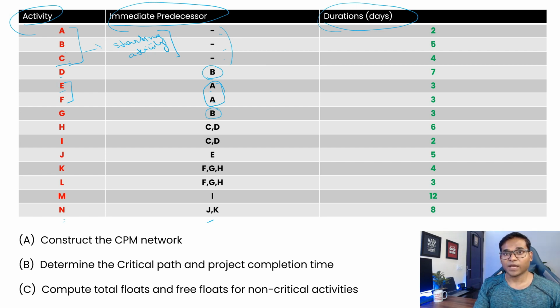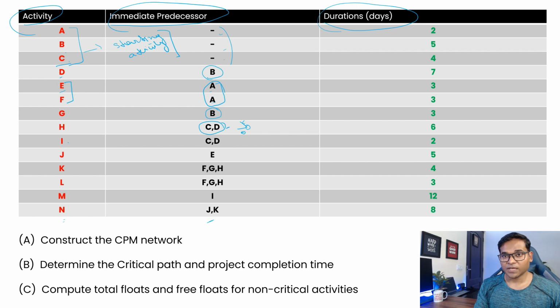Then you have activity H, which is going to start from a node where C and D activities are finishing. It means in your CPM network there has to be a node where C and D are converging. We'll see how we will do that. And then from that node your H is going to start.